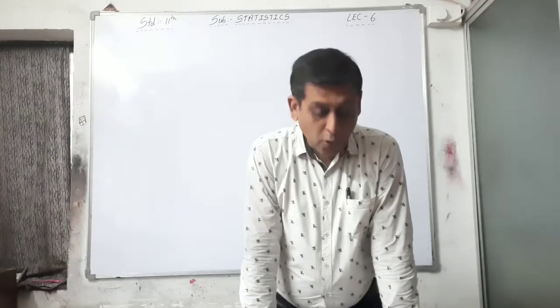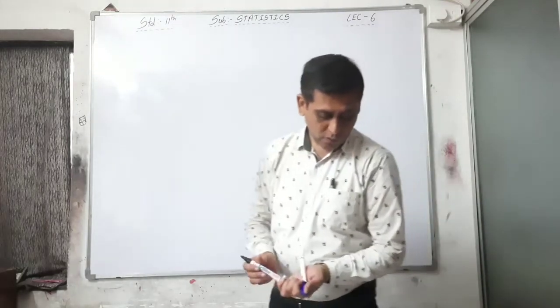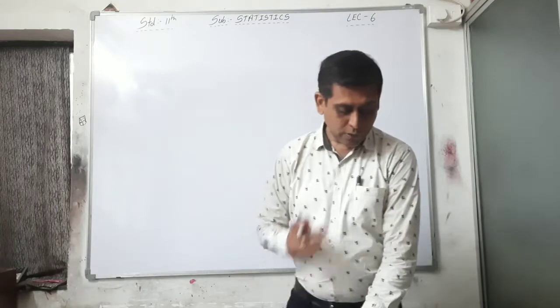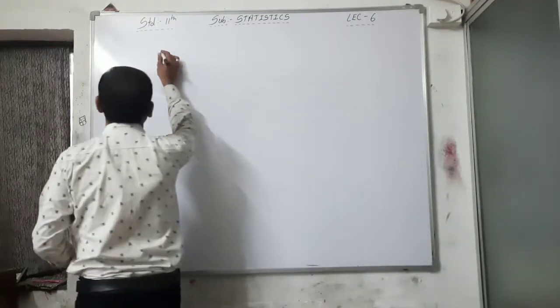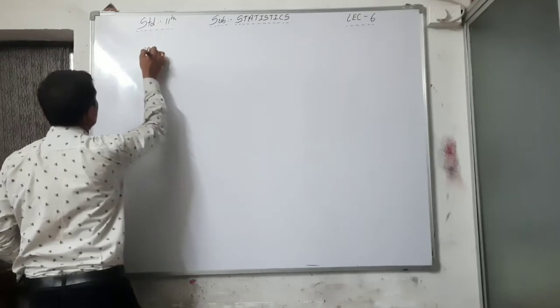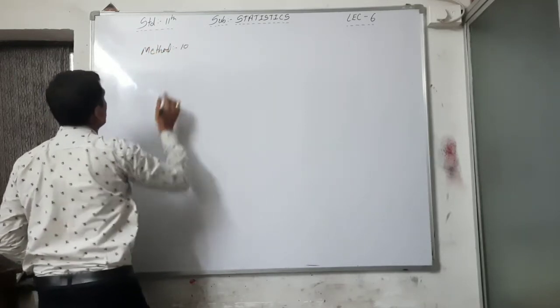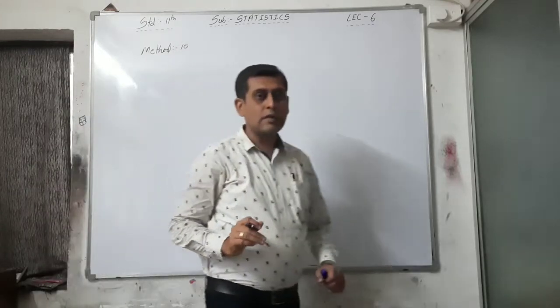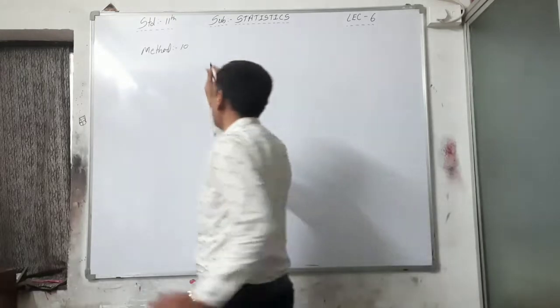Then the next topic is geometric mean. On page number 82, this is our method number 10, and the method name is geometric mean.